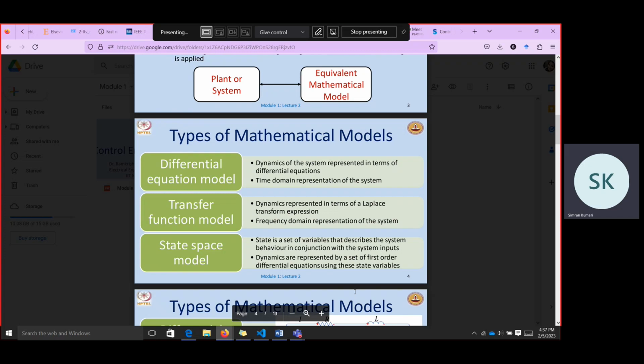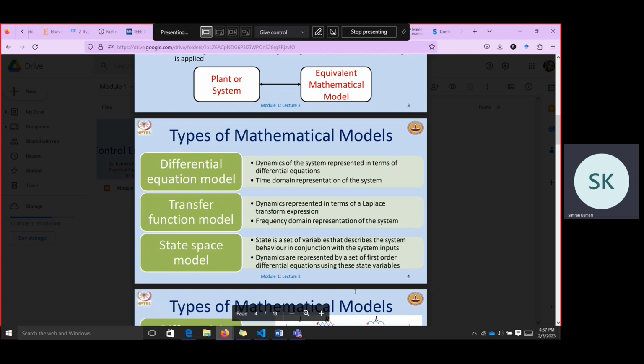While solving, if we have complex models with PDEs or nonlinear ODEs, then we can try to simplify things and bring them into the linear domain and then the time invariant domain, so that we can use this approach of modeling to design a controller or to analyze the system.